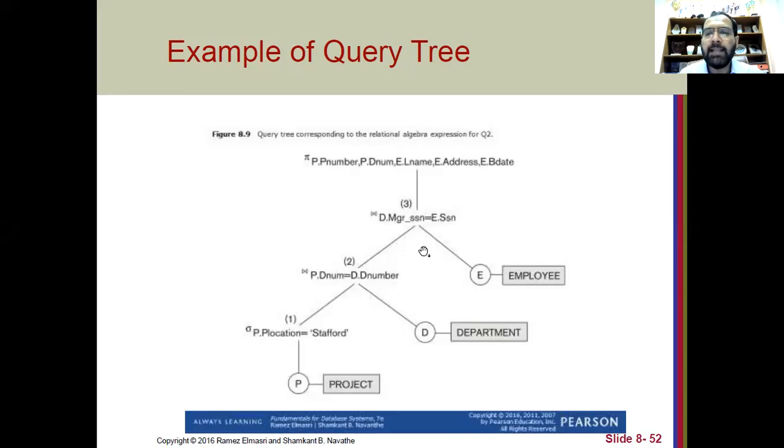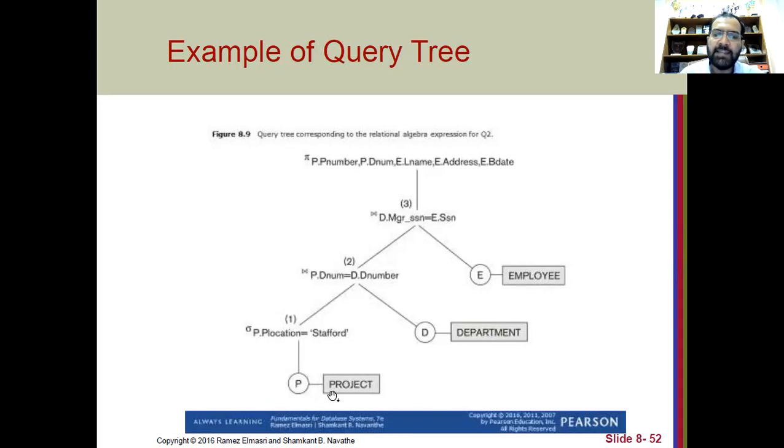Then you can see again a join condition, where P.Dnum is equal to D.Dnumber, and here the employee E is involved. Here a selection operator sigma is involved, which says that we are only interested in the location Stafford, so P.Plocation is equal to Stafford, and here the department is also involved.